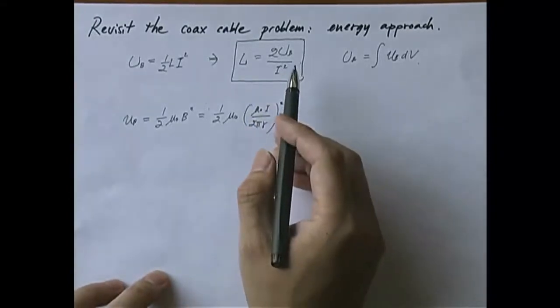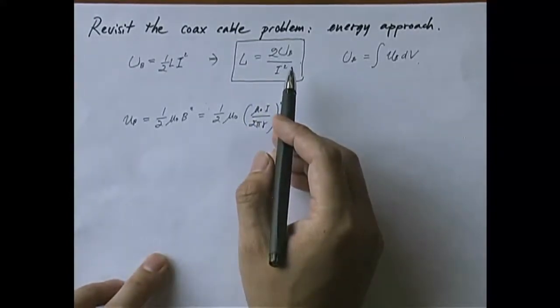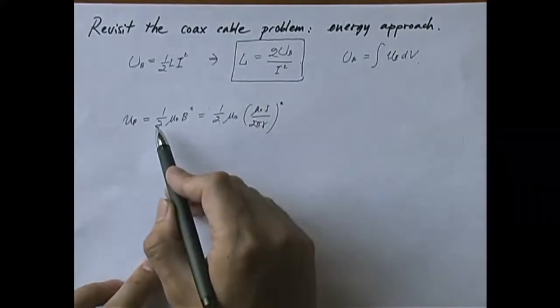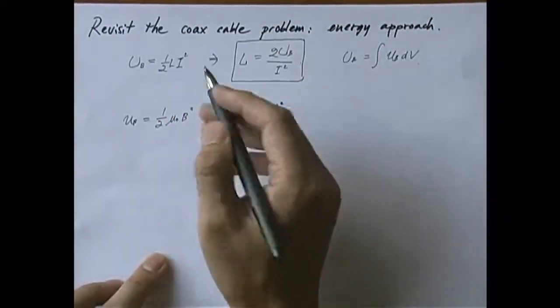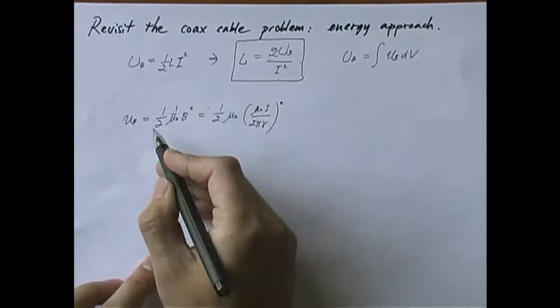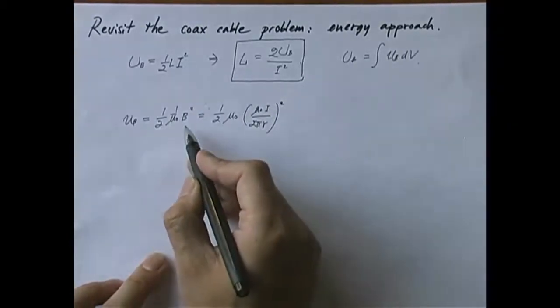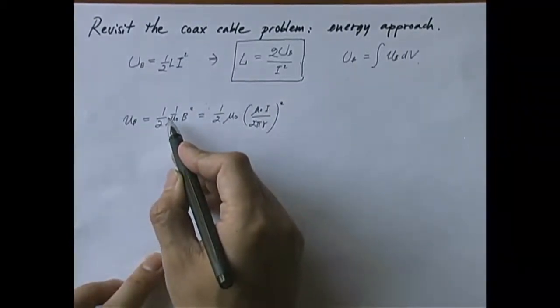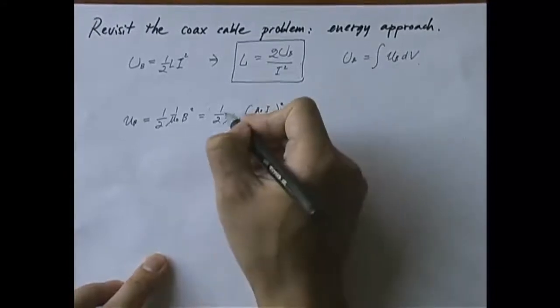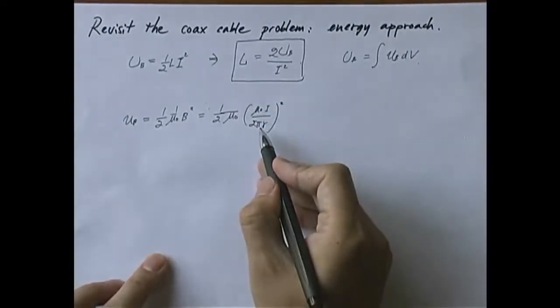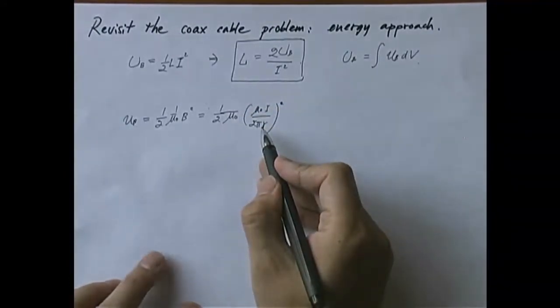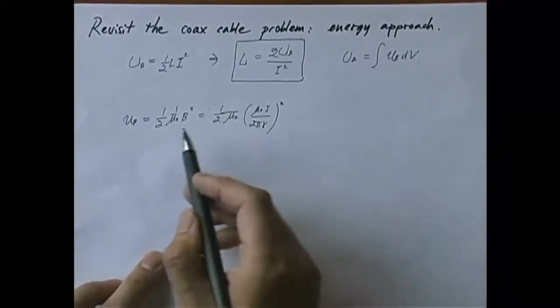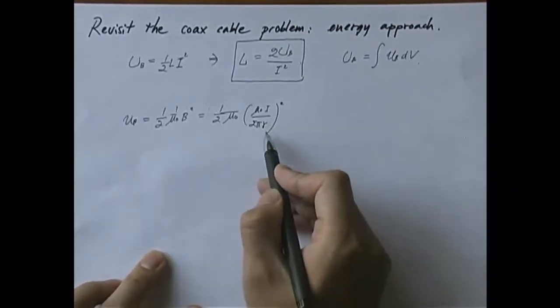Now take a look at the case of the coax cable. First of all, the magnetic energy density is 1/2 mu naught B squared. But as a function of r, the magnetic field is mu naught i over 2 pi r, right?